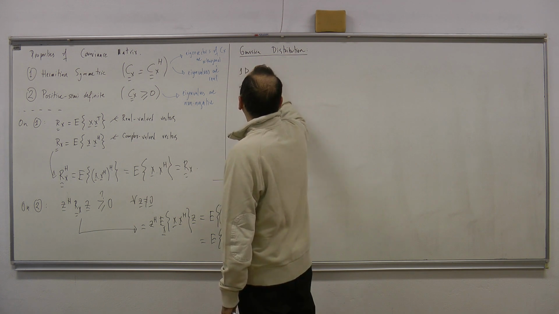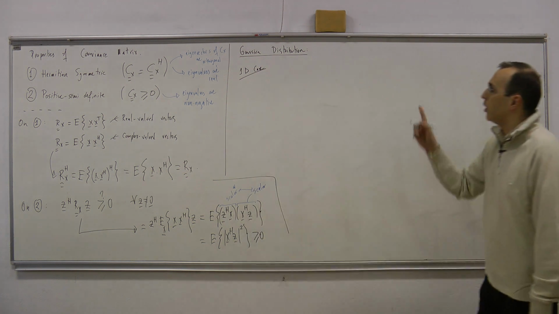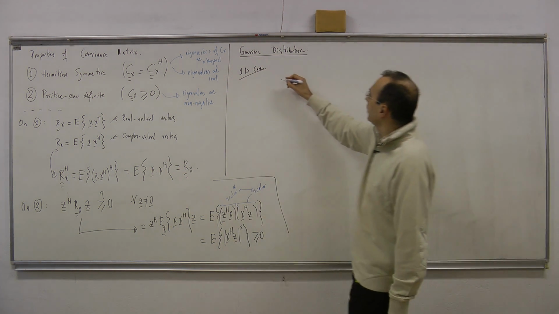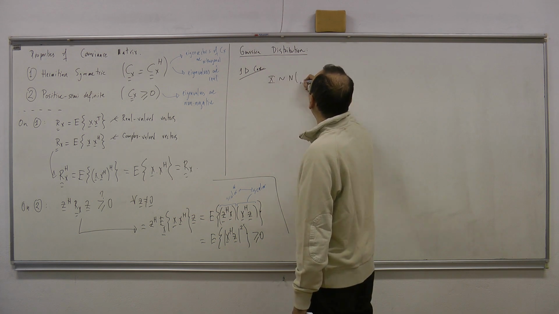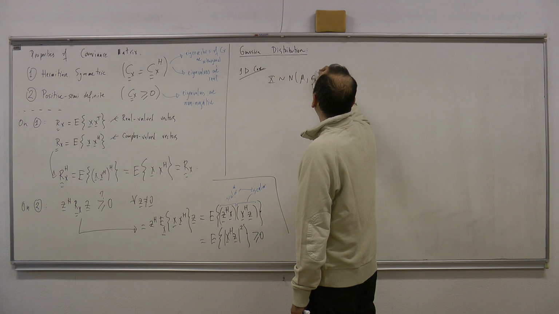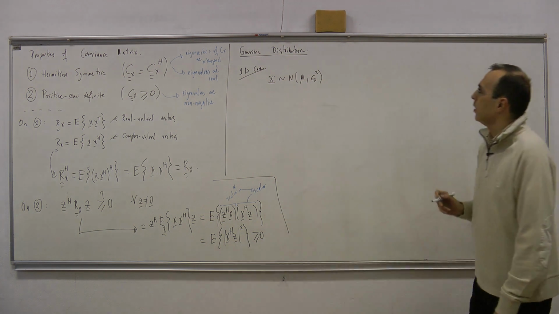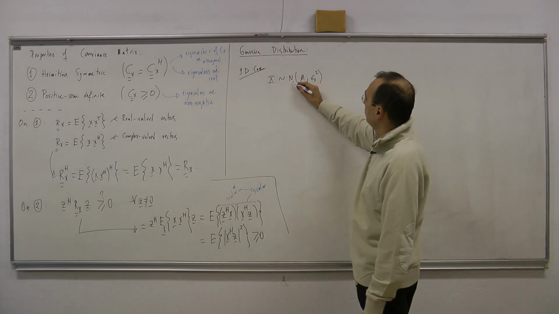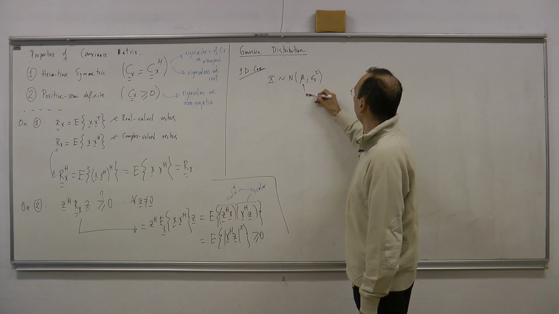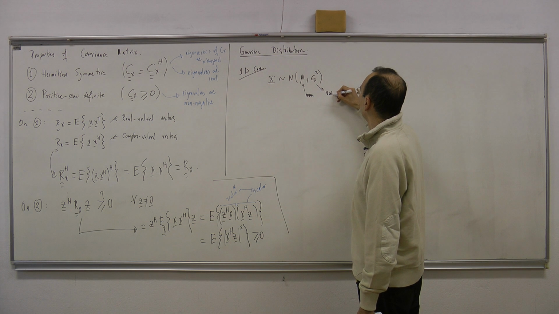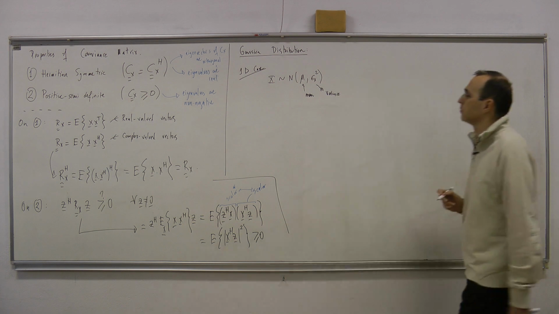Let's say the 1D case; you will appreciate it later on. So let's say that the random variable x is N(mu, sigma x squared). This is called the normal distribution, as you can remember, with mu the mean value and sigma x squared of course the variance.